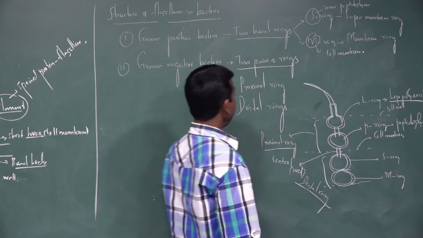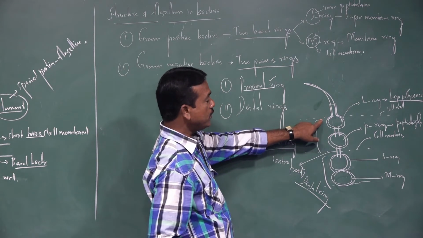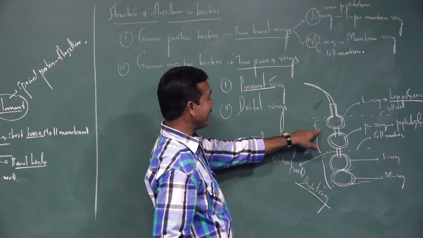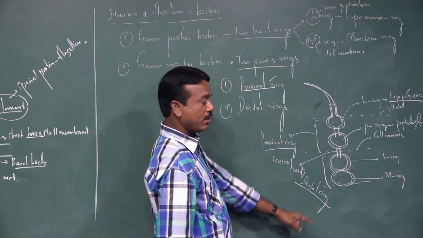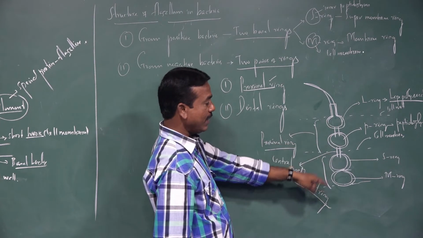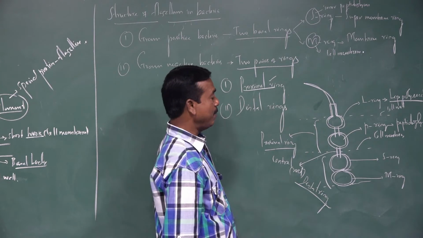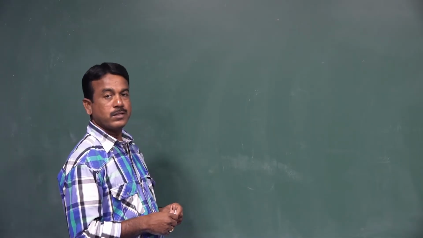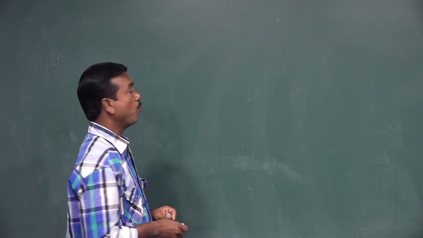The proximal rings are attached to the cell wall. The distal rings, the S ring, the super membrane ring, and the M ring, are attached to the cell membrane. Next I am going to discuss the mechanism of flagellar movement.